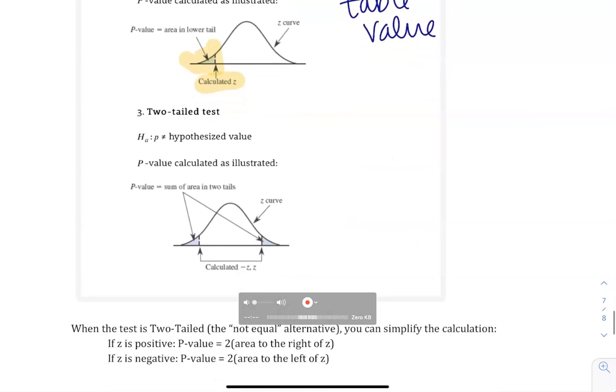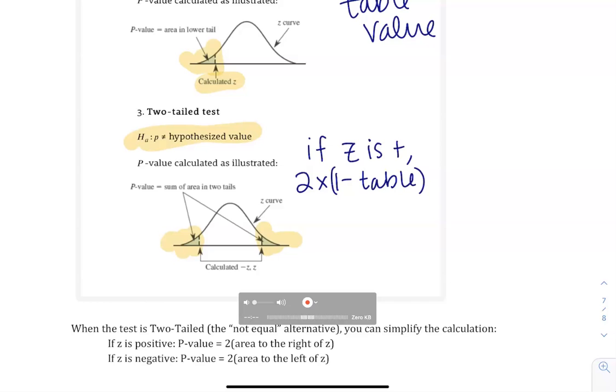Now, with the two-tailed test, you're going to have to find the lower tail and the upper tail. We already talked about this, but if z is positive, you find 1 minus the table value and multiply by 2.